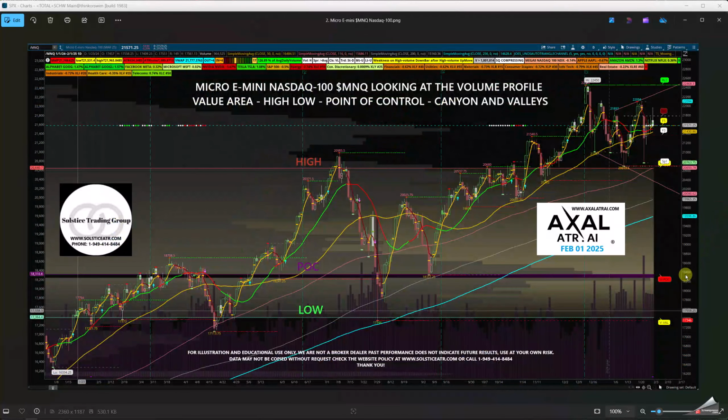What I wanted to show you here is the Nasdaq 100, which is the QQQ on the exchange traded funds, micro NQ, which is the mini Nasdaq, or NQ for the regular futures, or you can use the NDX for the Nasdaq 100. I put here the value area high.